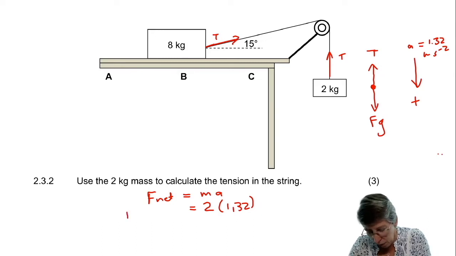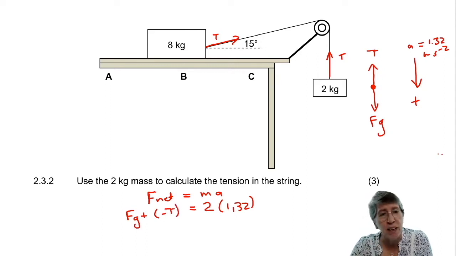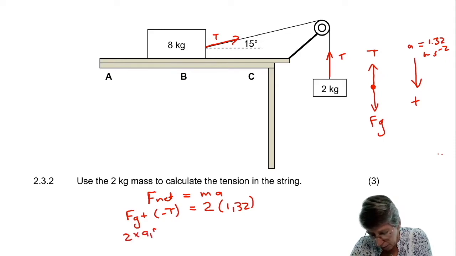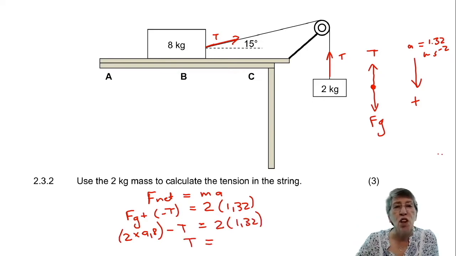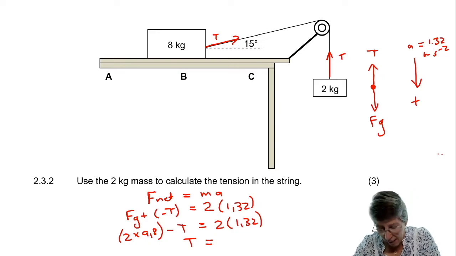So here we have gravity plus minus T, and that is going to be equal to 2 times 1,3. And gravity here, 2 times 9,8. And then you have to solve for T, and that is 16,96 Newton.